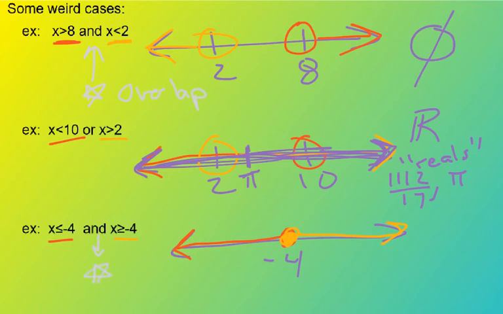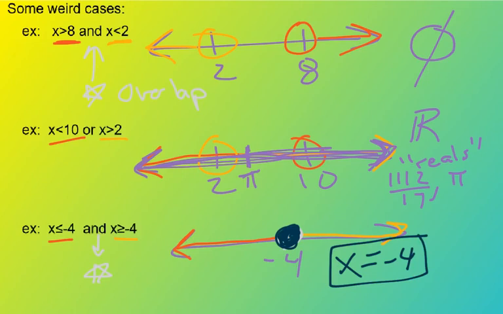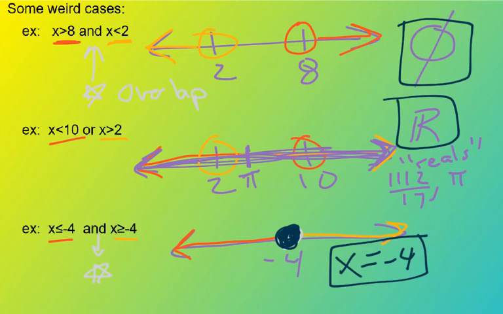If you think about it here, the only overlap we actually have is right at -4. So it's kind of a weird answer. Do that in black, it's a little easier to see. So the only answer on this one is -4, because that's the only thing that is simultaneously less than or equal to -4 and bigger than or equal to -4.